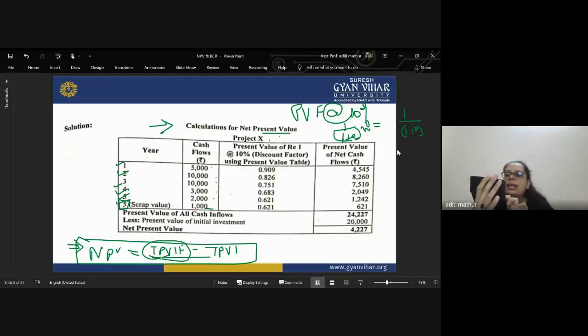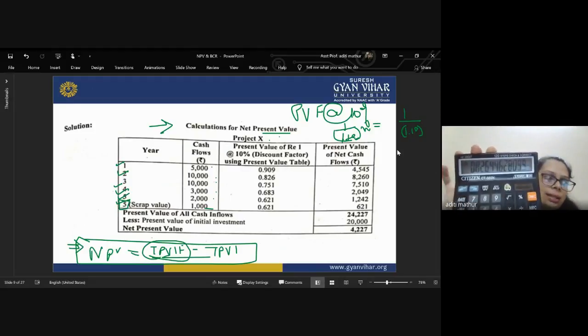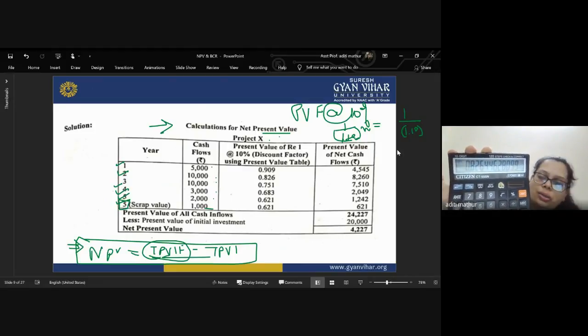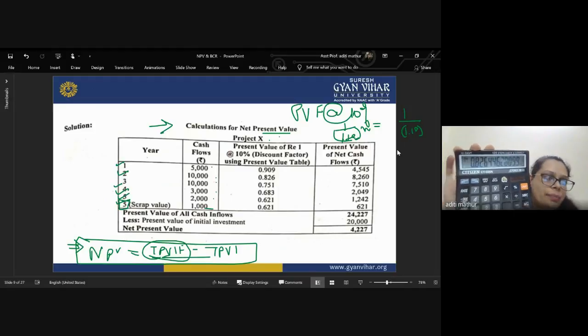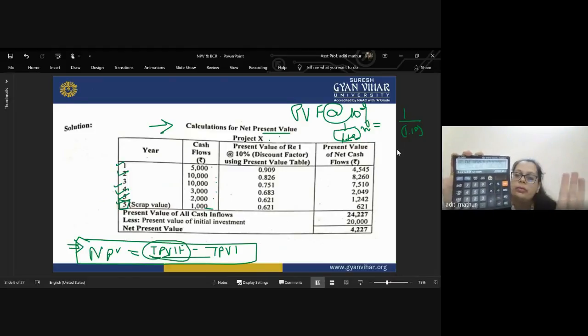Now for the second year, you'll just press equal to sign again. See, another figure is shown, that is 0.826. Then again press the equal to button, the figure for third year. Then again press equal to button, figure for fourth year, equal to button, figure for fifth year, and stop. Stop it over here. Why? Because we need the calculation for only 5 years, right?